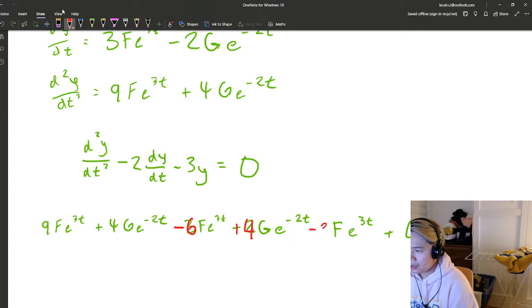So multiply by negative 3, this is equal to 0.